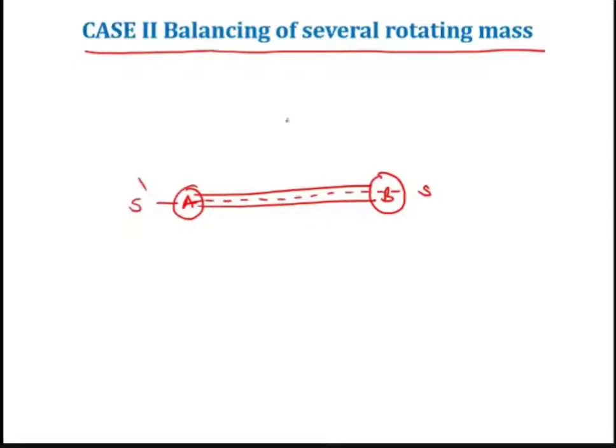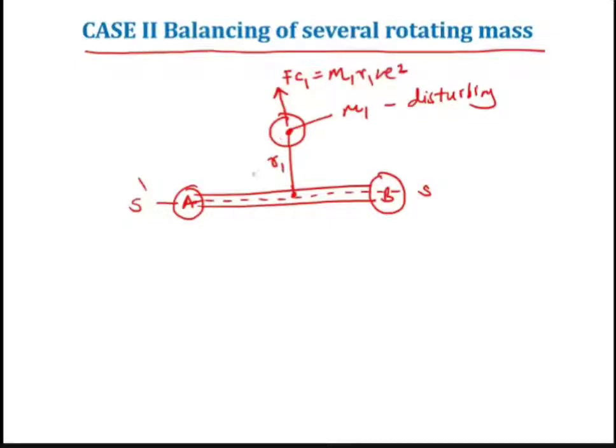This disturbing mass, let us say M1, is located at a distance r, the eccentric distance, from the axis of rotation. It generates a disturbing force or unbalanced force called the centrifugal force, let us say Fc1, which is equal to M1 R1 omega square.